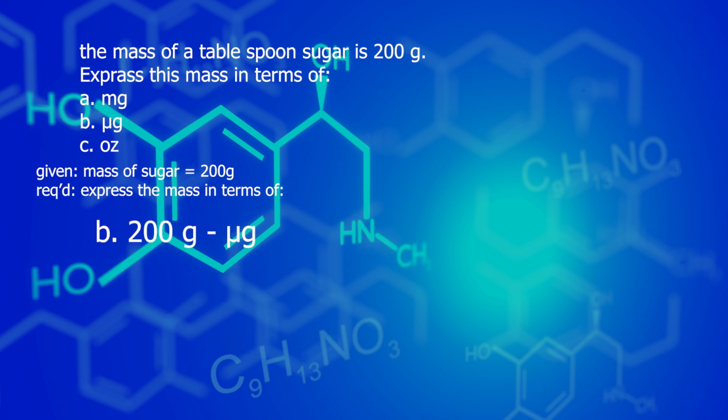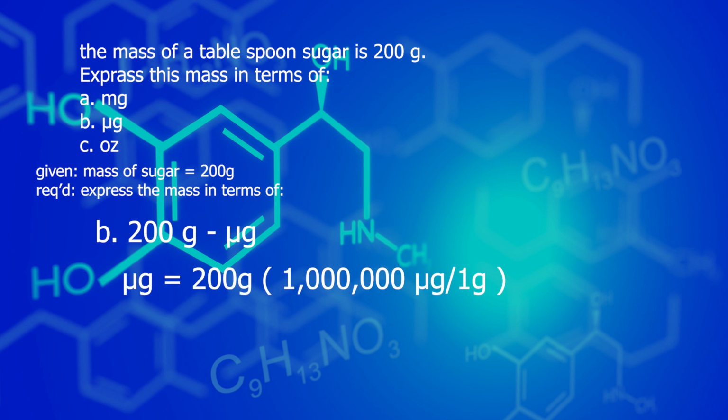For letter B, we are asked to express it in terms of microgram. So the 200 grams of the table sugar times 1 million microgram per gram.